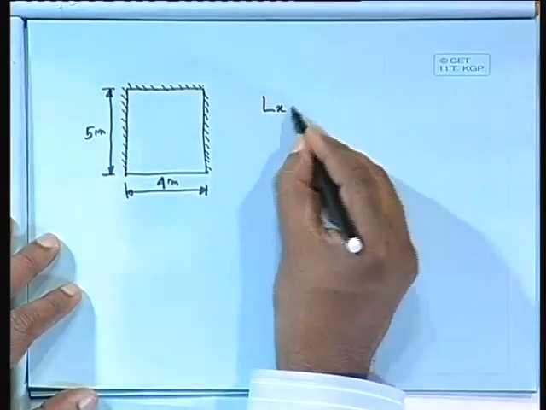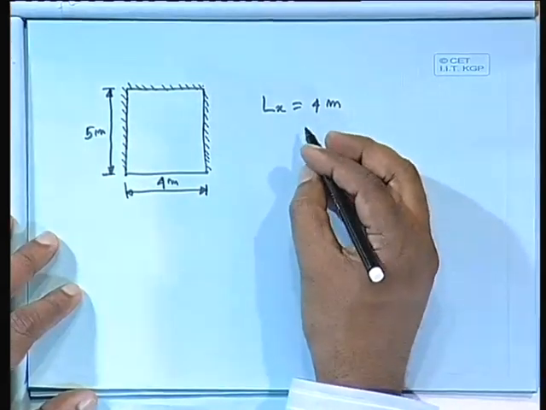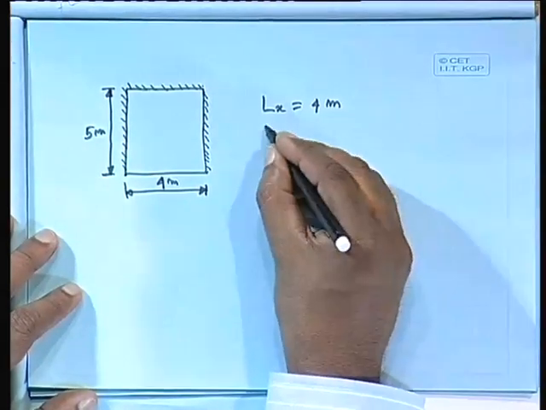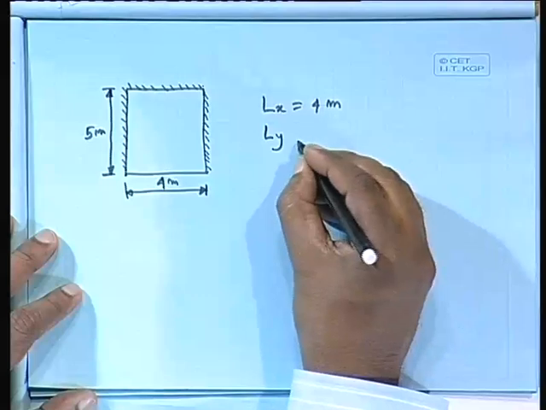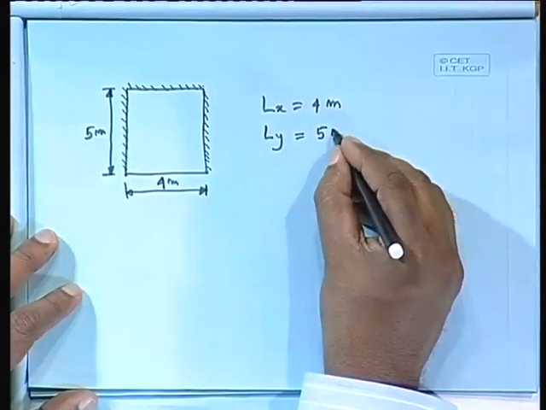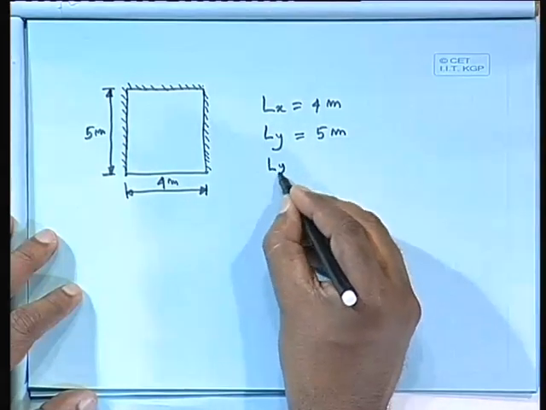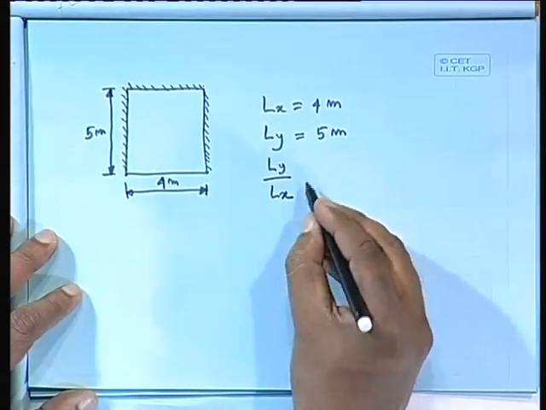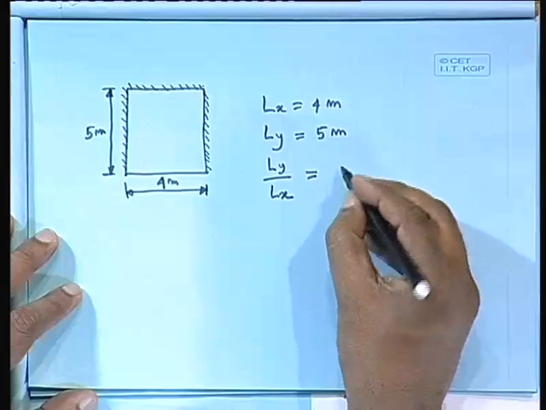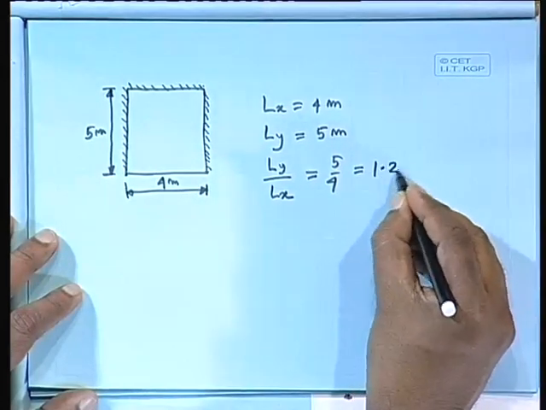So Lx equal to 4 meter and Ly equal to 5 meter. So we can take Ly by Lx equal to 5 by 4, which comes as 1.25.